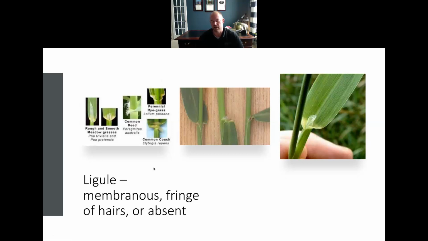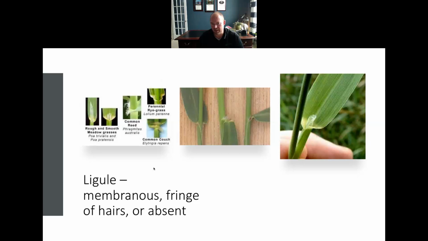Another morphological feature in the collar region is the ligule. The ligule is a membrane that separates the blade of grass from the stem. It's basically like a gasket that allows the blade and the subsequent leaves on that stem to extend past a lower leaf. It's a membrane that exists between the leaf, the sheath and the stem.